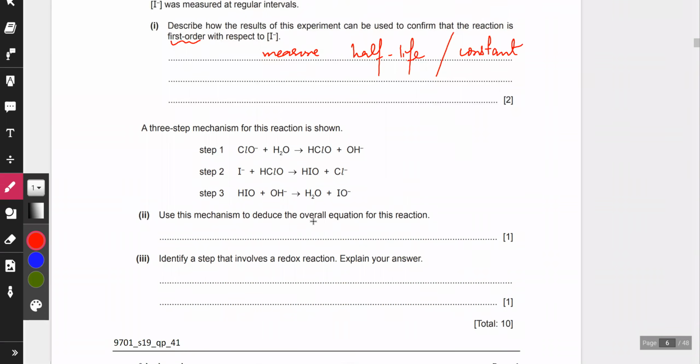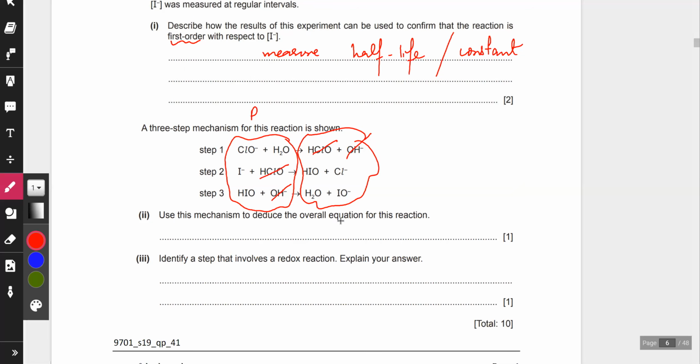Again, you have to deduce the overall equation for this reaction. So we can do the working over here. These are your reactants, and these are your products. Why waste time writing it again? So OH is on both sides. That's gone. HClO is on both sides.